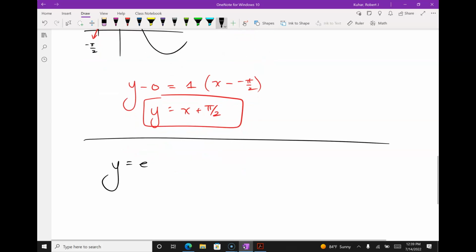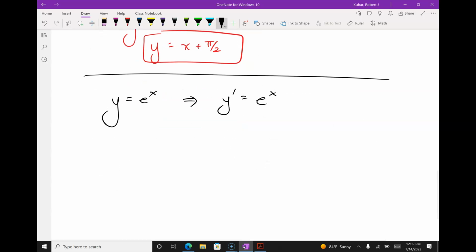If y equals e to the x, y prime is what? Anybody know? Huh? E to the x. This is a pretty special function in that the derivative is the original function. What does that mean?